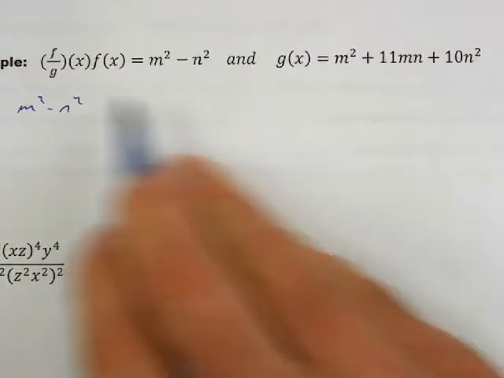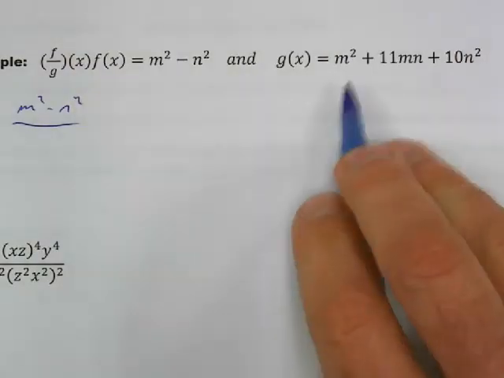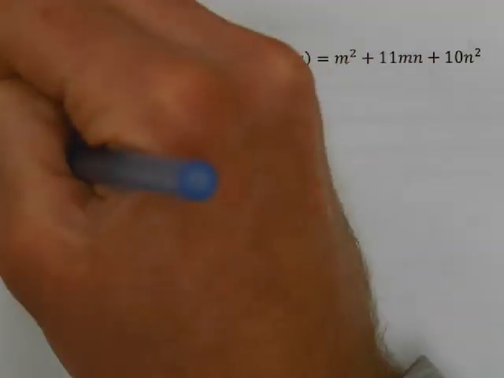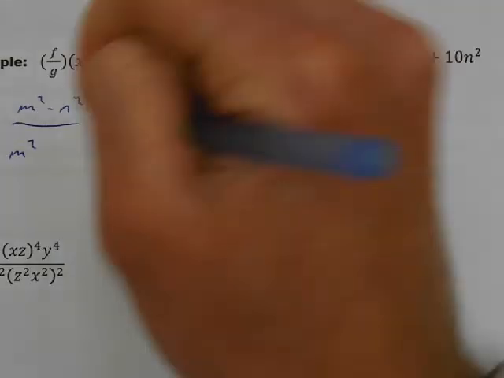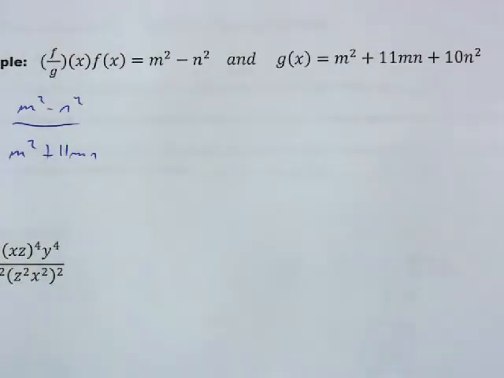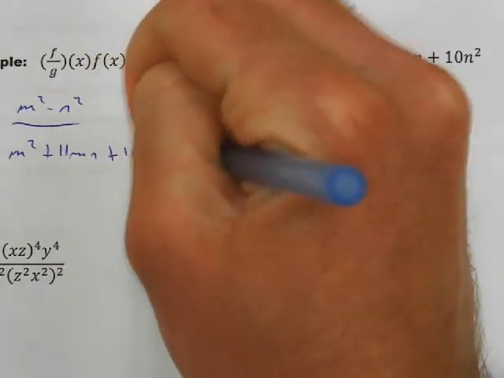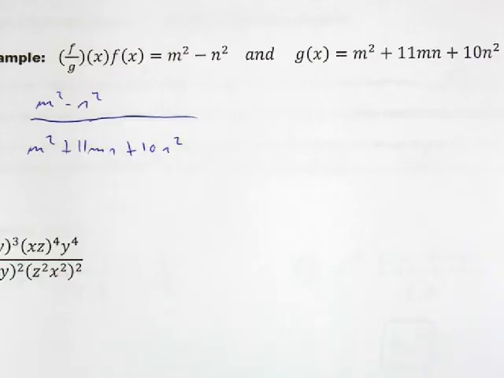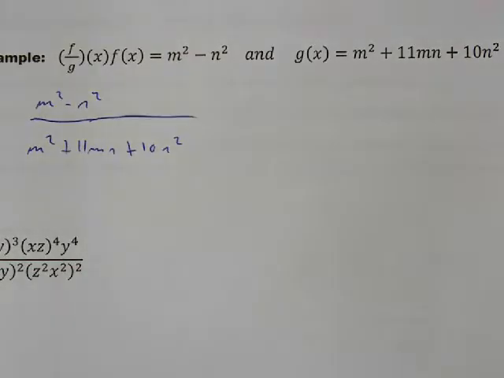And then over g of x, which is m squared plus 11mn plus 10n squared. All right, so there is our rational expression.